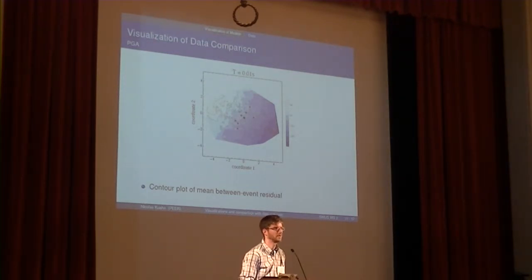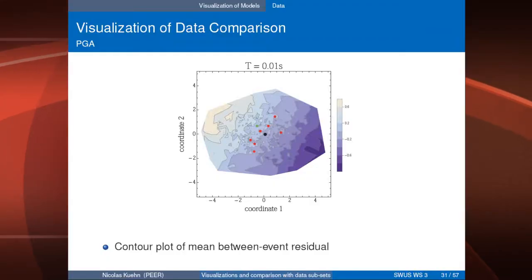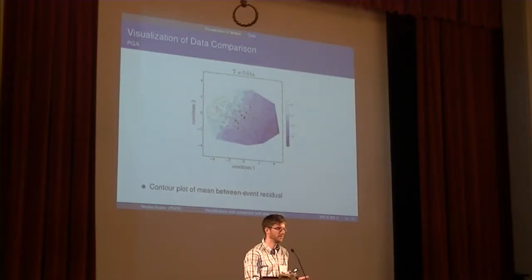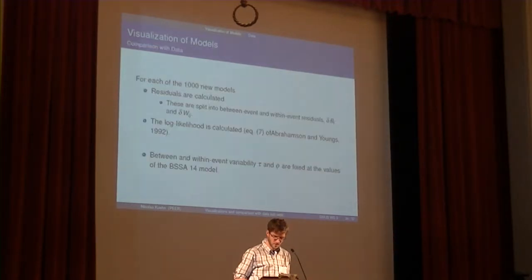Correct. Yes, right. And so this is a comparison of each of the 1,000 models against this subset of the NGA data set. The contours are mean between-event residuals.